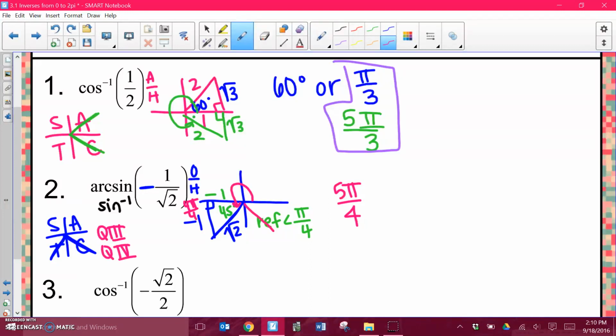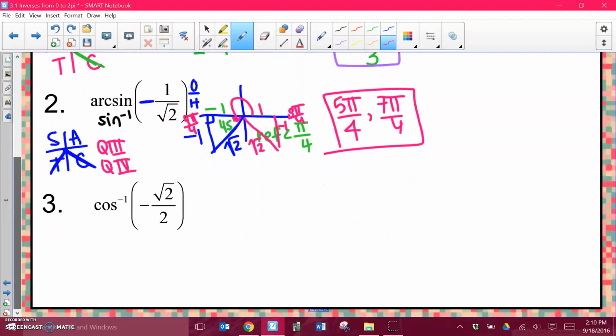If I drew this triangle out again, this side would be root 2, my hypotenuse, -1 would be my opposite, +1, but that doesn't matter here, my sine would still be negative, and I would find that's a 45-degree reference angle. Below the x-axis, I would go ahead and count. This would be 8 pi over 4, so 7 pi over 4 would be my final answer for that. So both of these angles would get me this particular trig ratio.